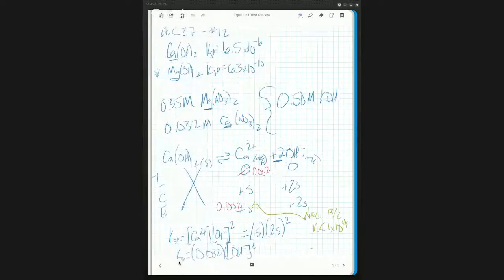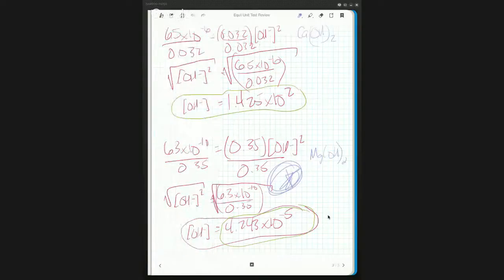Interestingly enough, that was our prediction, the magnesium hydroxide, because its K was so much smaller. The difference between the two concentrations you started with was only tenfold, so it makes sense that the answers end up being a 1,000-fold difference, but the magnesium hydroxide is clearly the one that will precipitate first. So good. Okay, done. How's the next one down?